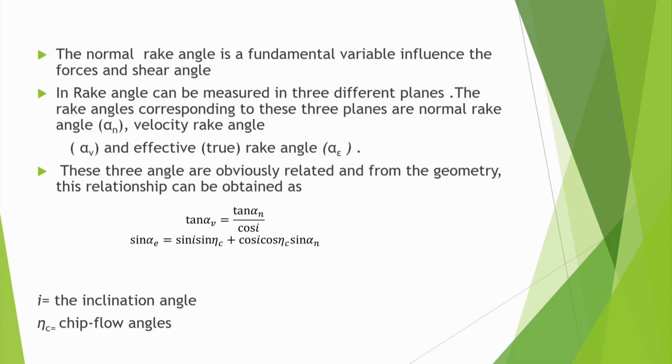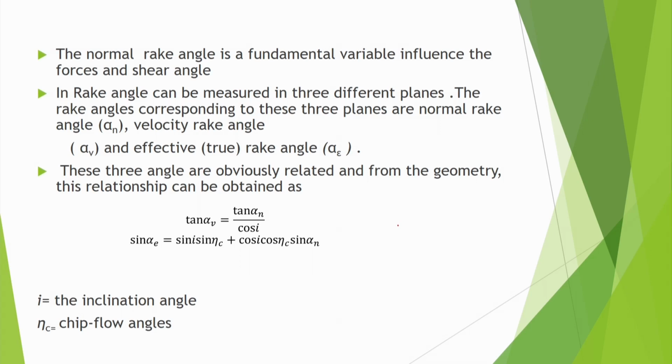Now these 3 angles are obviously related from the geometry, and the relationship can be obtained as: tan alpha v is equal to tan alpha n divided by cos I, or tan alpha n is equal to cos I into tan alpha v. In fact, we have discussed this in one class.